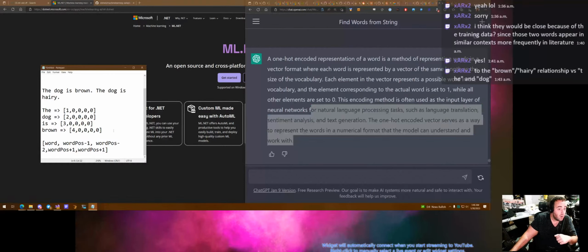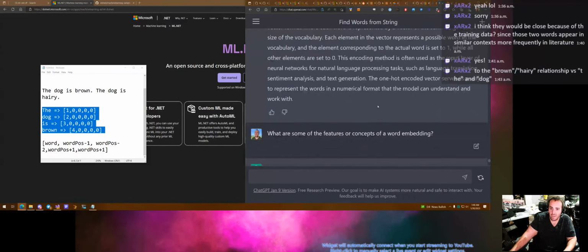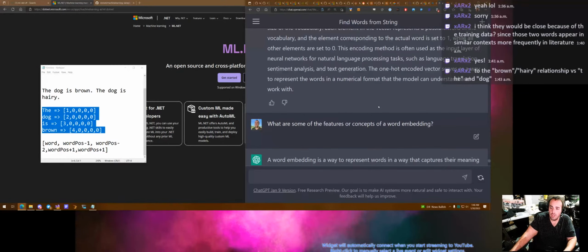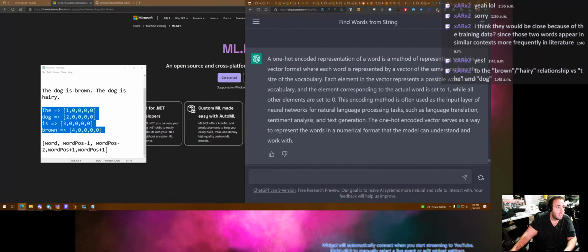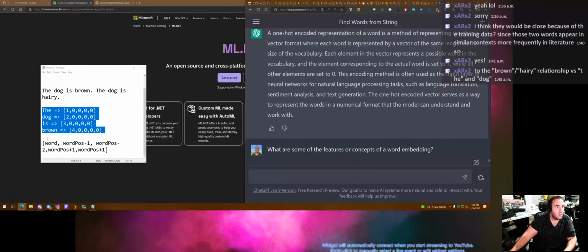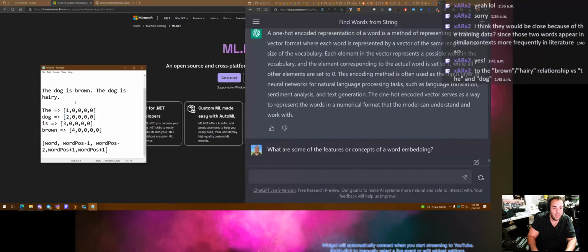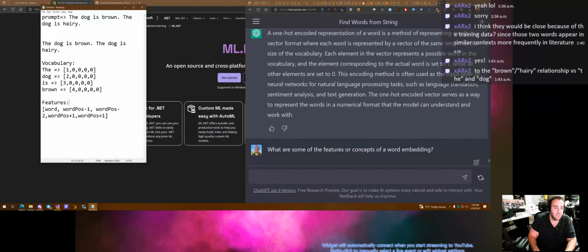Okay, so now if you have a list of words, I think what they're saying here is, if we take this whole sentence, and this is our vocabulary right here, and this is our list of features, the key to the meaning, the concept associated with each element in the vector.